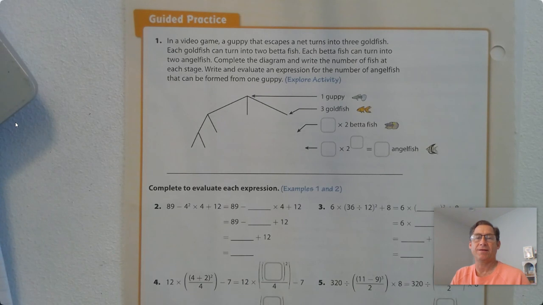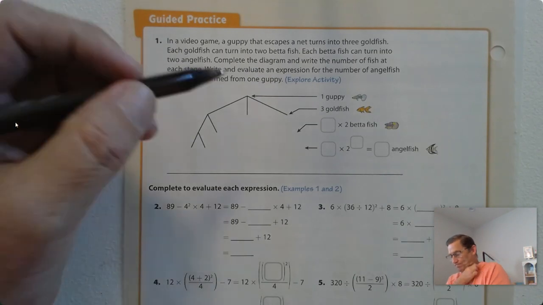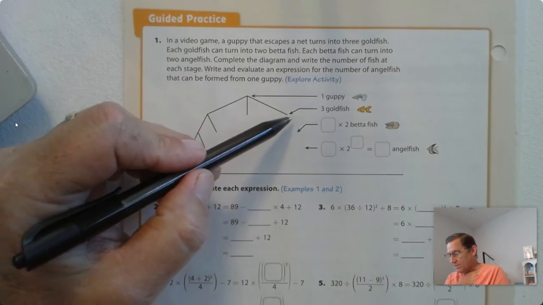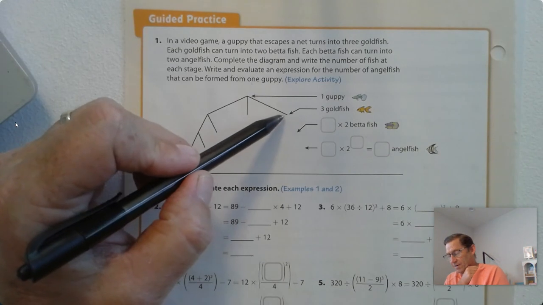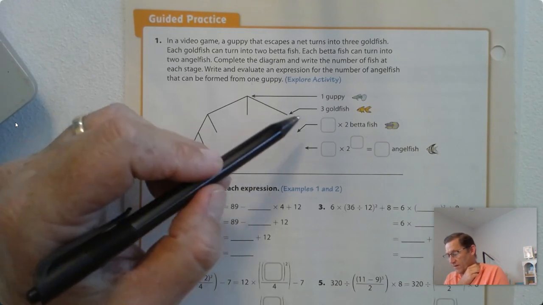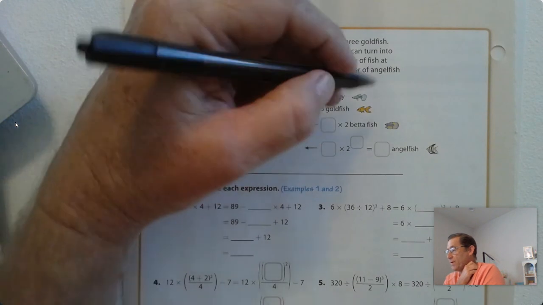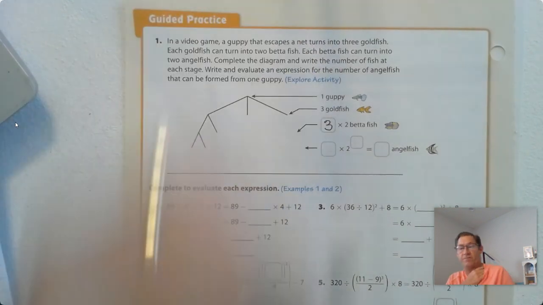Complete the diagram and write the number of fish at each stage. Write and evaluate an expression for the number of angelfish that can be formed from one guppy. Okay, so one guppy can turn into 3 goldfish. Each goldfish can turn into 2 beta fish. So that's 3 goldfish times 2.